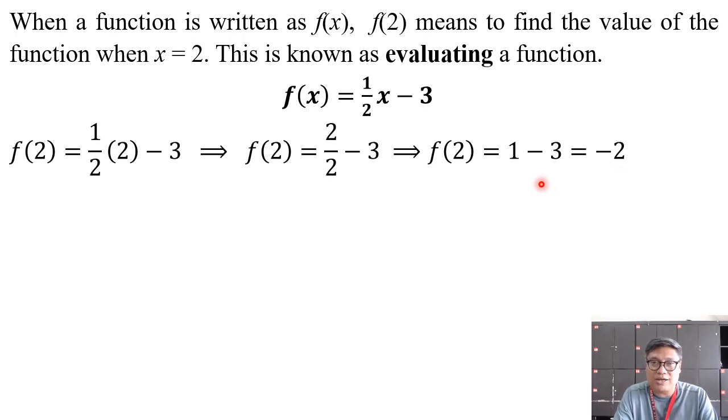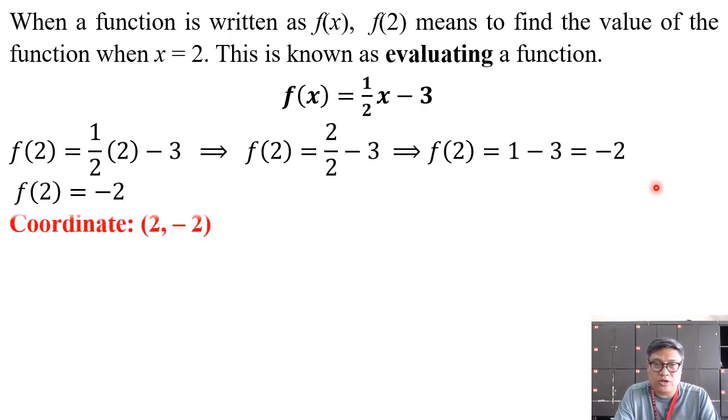So going back to that machine, class, when you input the value of your x to be positive 2, the output is negative 2. So therefore, this is what we now call the coordinate or the ordered pair. We can also rewrite this as a coordinate or an ordered pair so that f of 2 is equal to negative 2 is the same as 2, negative 2.